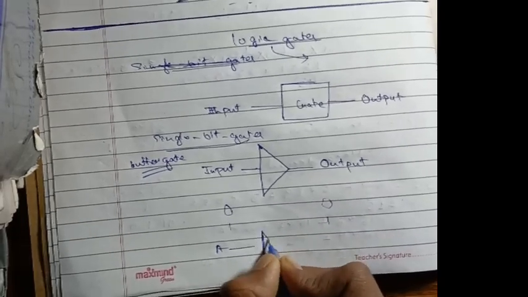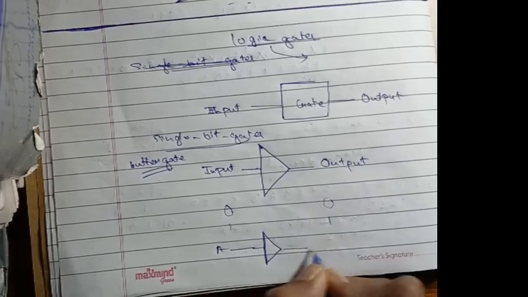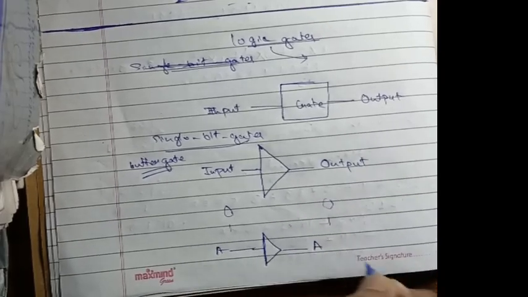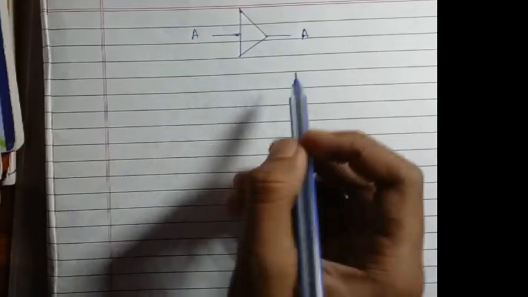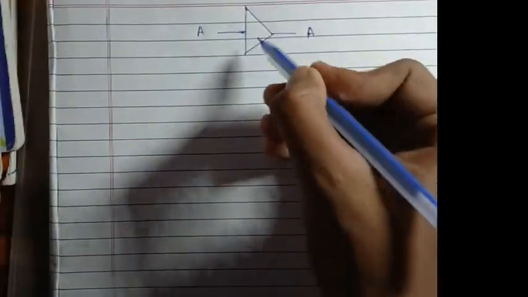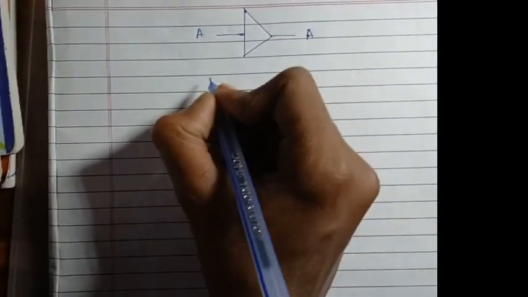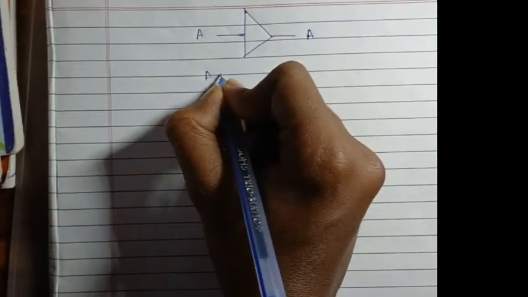We are representing the input with A. Output is also A. Just notice here that output is not changing. So I can tell that this gate is doing nothing to that input. So I can simply represent it like this.